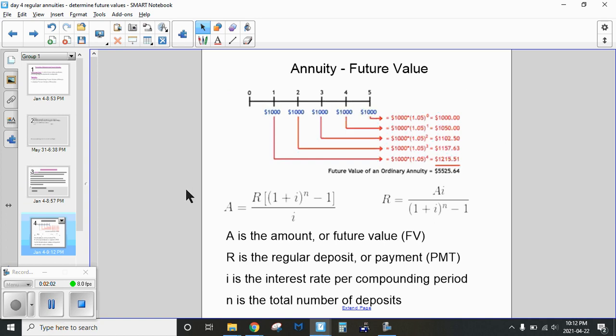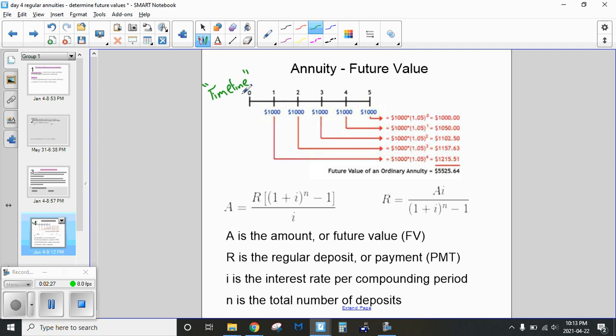Okay, so there's a lot of information packed onto this slide, and I've changed the order a tiny bit from what's on your handout just to make it all fit here. But what's up at the top is a visual timeline. So this is called a timeline. If you see that in your textbook, that's what it's referring to. That shows you what's happening with the money.